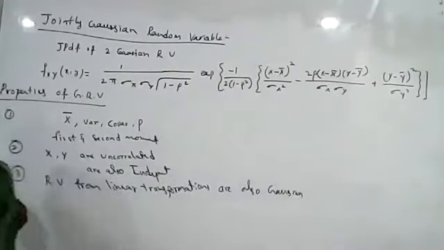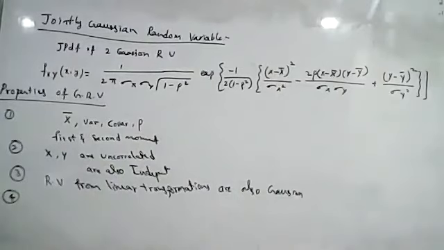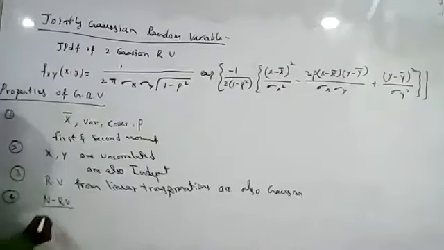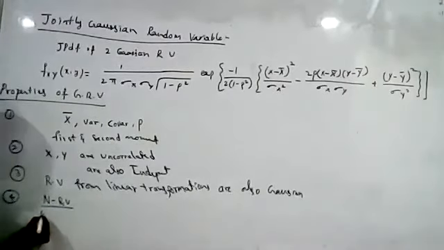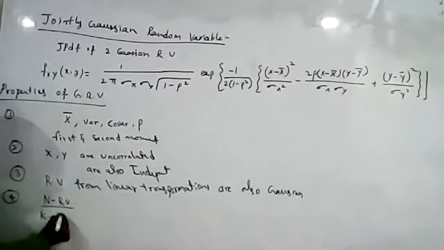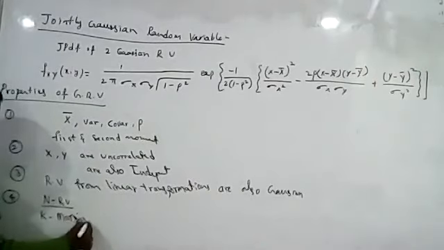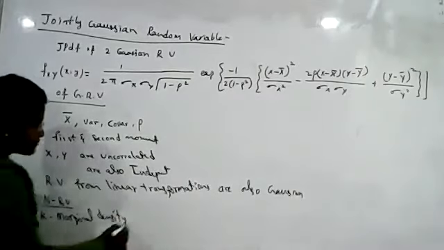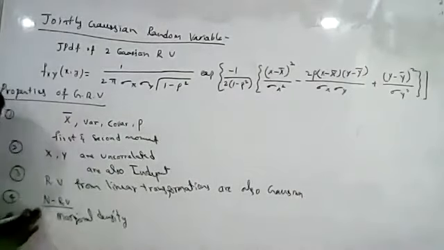The fourth property is that any k-dimensional marginal density function that is obtained from an n-dimensional density function is also Gaussian. For example, if you have n random variables, and from these n random variables you find only k marginal density random variables, this is k dimensional, while this is n dimensional, where you have n number of random variables.